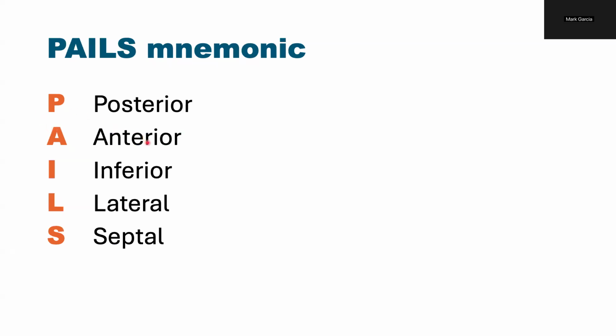So anterior region is reciprocal for posterior. Inferior is the reciprocal area for anterior. Lateral is reciprocal for inferior. Septal is reciprocal for lateral, and then posterior ends up being reciprocal for septal, so it goes back to the top.